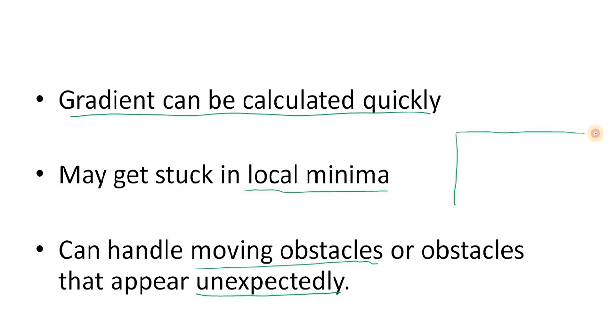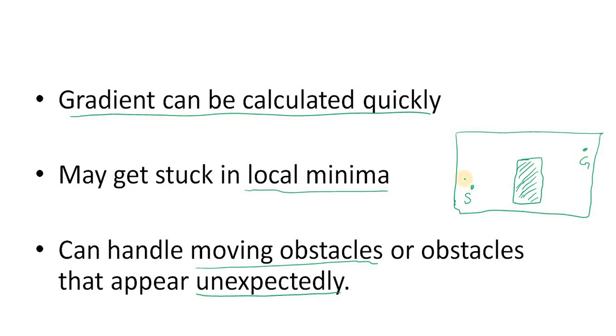I should draw it here again. This was a start point, and this was a goal. And here we said we have an obstacle here. So we say that, okay, our robot starts from here.